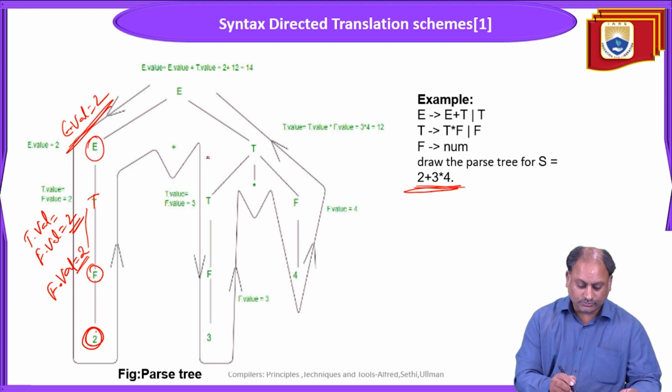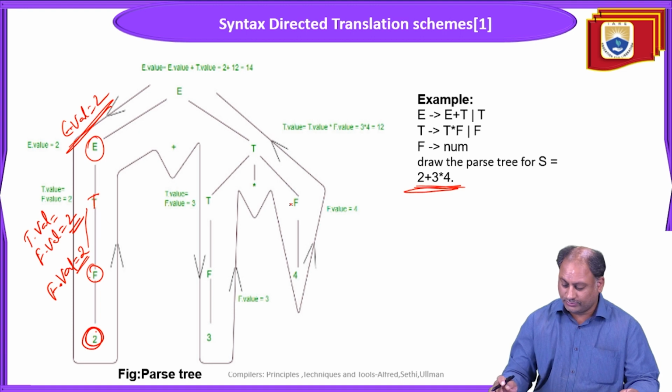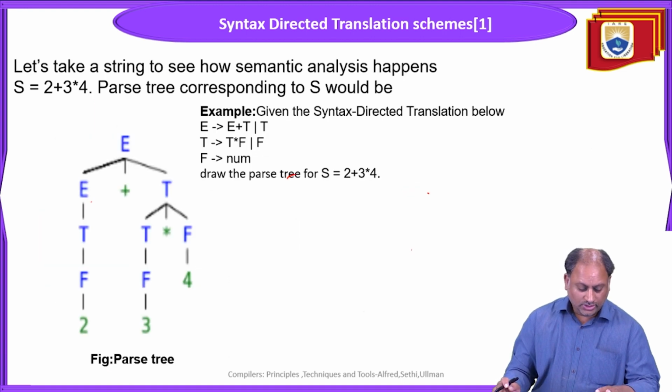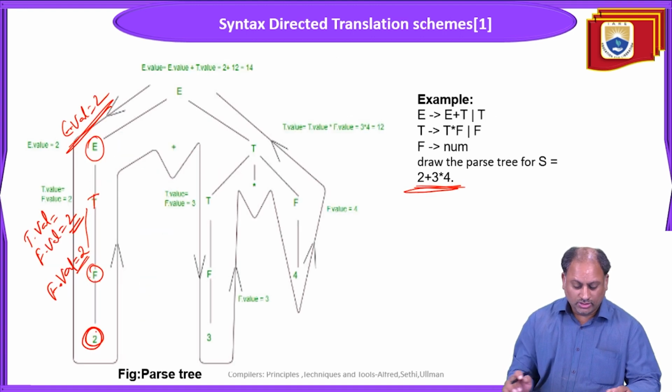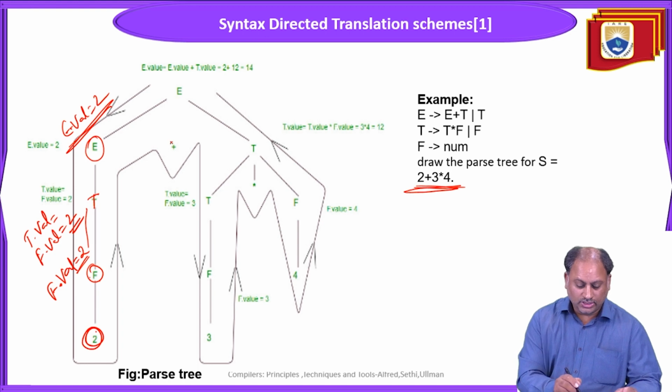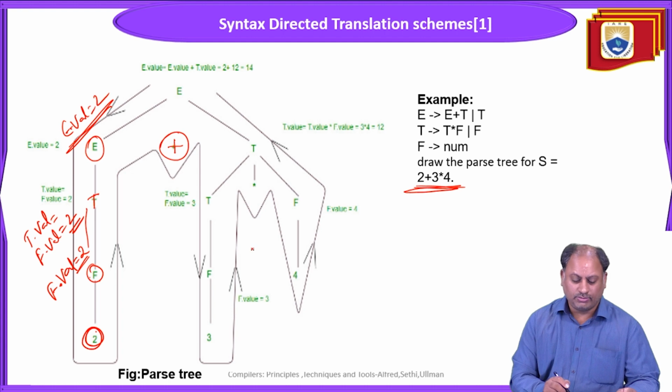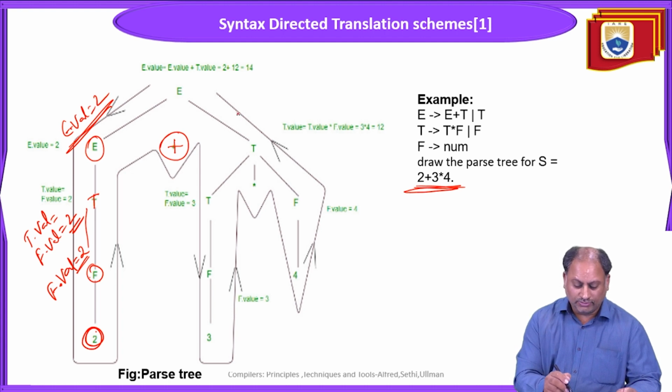Now E dot val is equal to E dot val, as you have seen in the previous, plus, here the plus operation, and then the left branch T. So what is T here?